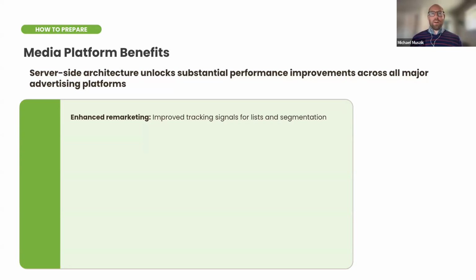Server-side architecture fundamentally improves how the media platforms receive, interpret, and also optimize your data. And in an AI-driven buying environment, signal quality is performance. By moving the data collection to a controlled first-party server environment, marketers will regain control over identifiers, data persistence, and event delivery.